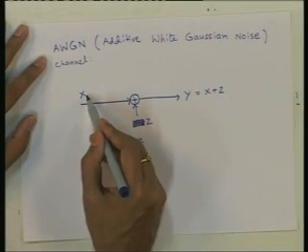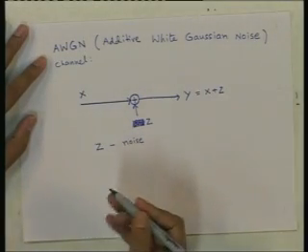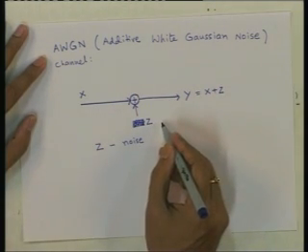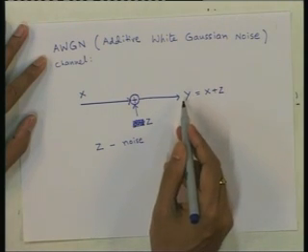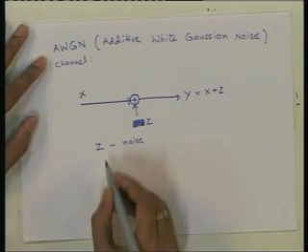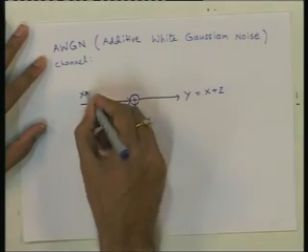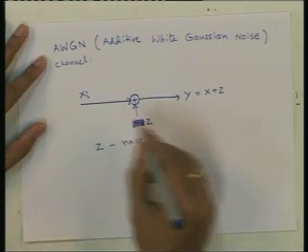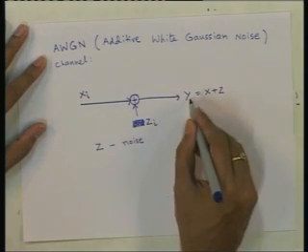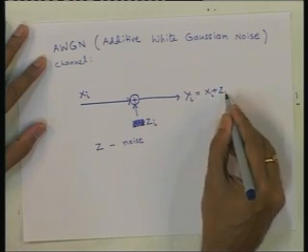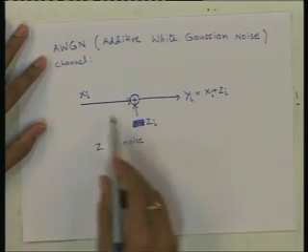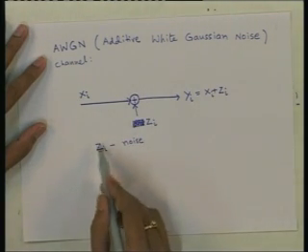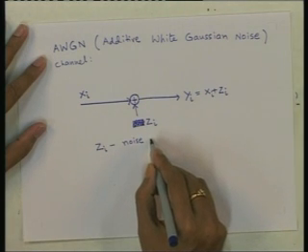If we denote the first transmitted symbol by x1 and the second transmitted symbol by x2 and so on, and similarly denote the first noise sample as z1 and the second as z2 and so on, and the received symbols by y1, y2 and so on, then we can denote the ith use of the channel as follows: xi is transmitted, zi is added to xi, and we receive yi, which is nothing but xi plus zi. This is what is happening at the ith symbol interval, and zi is a noise random process.